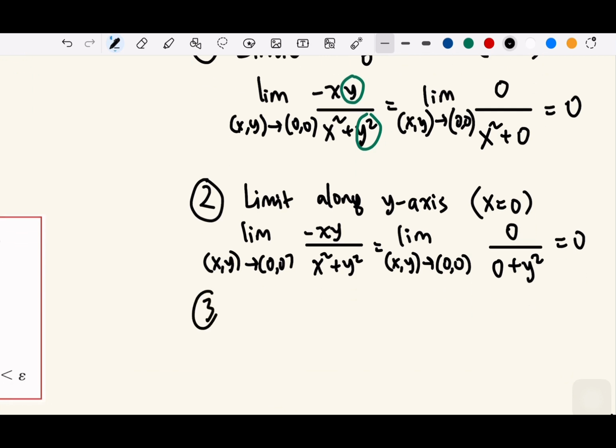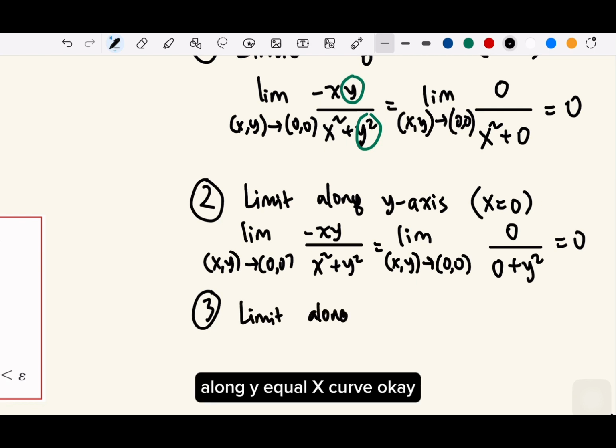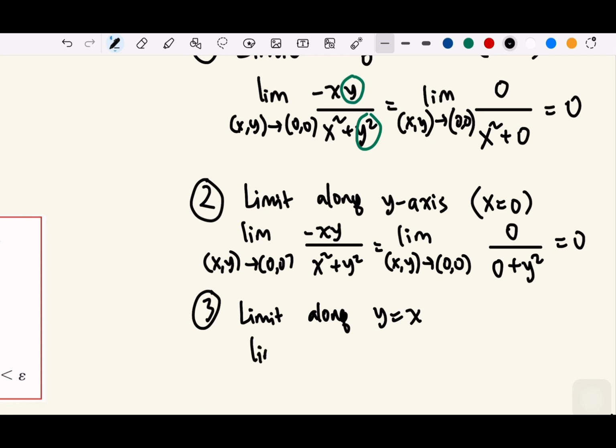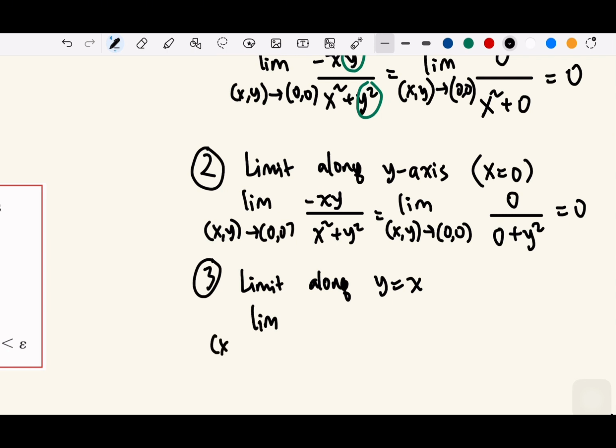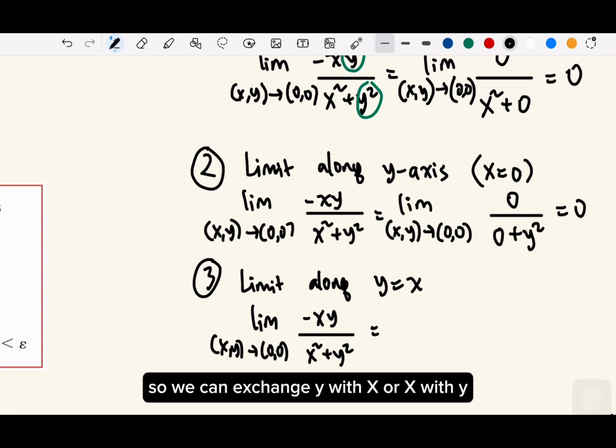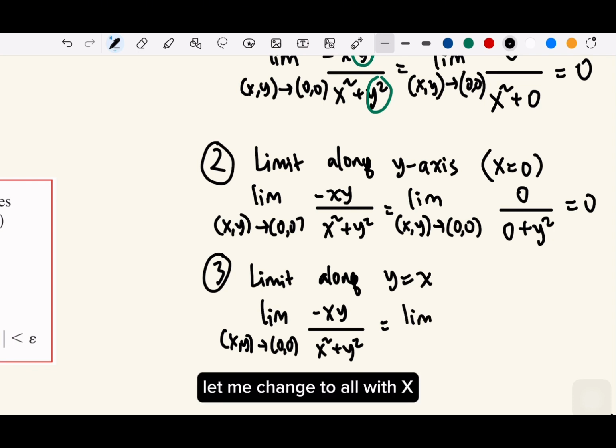So the limit along the y equals x curve, okay? So we could take this limit and then we write this. So we can exchange y with x or x with y. Let me change to all x.